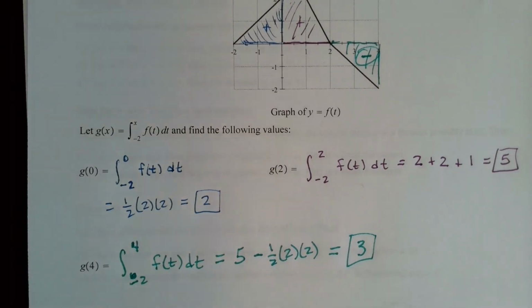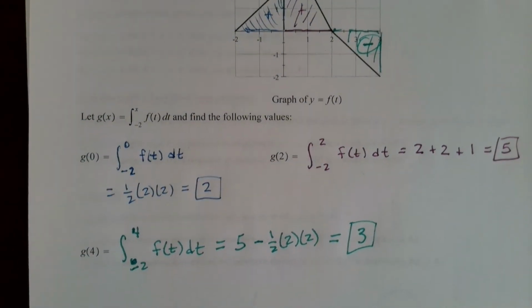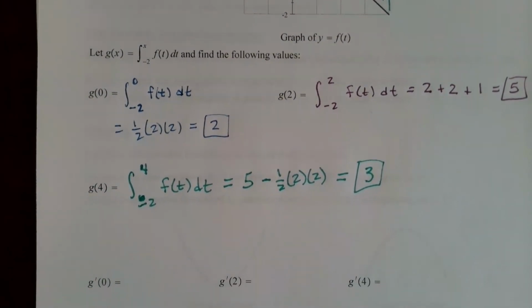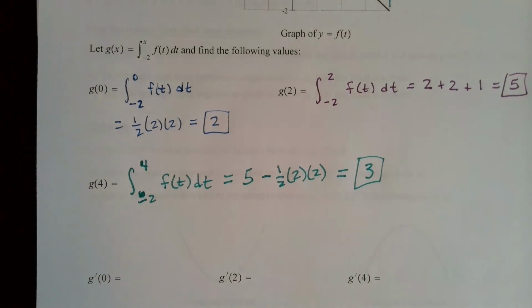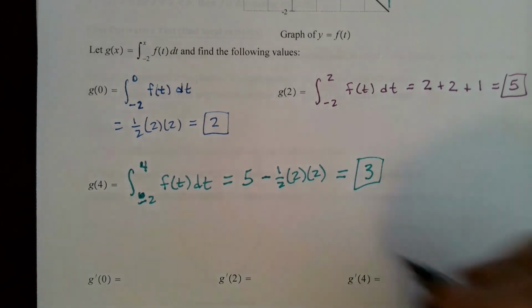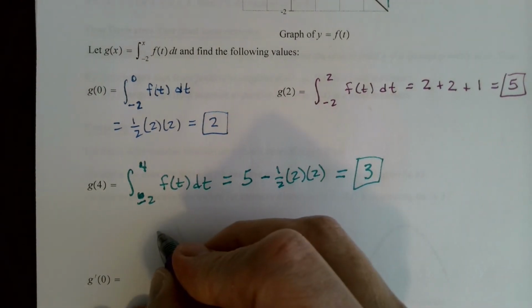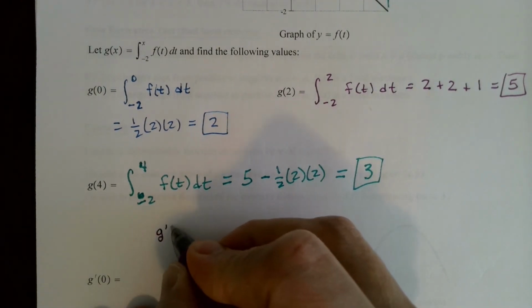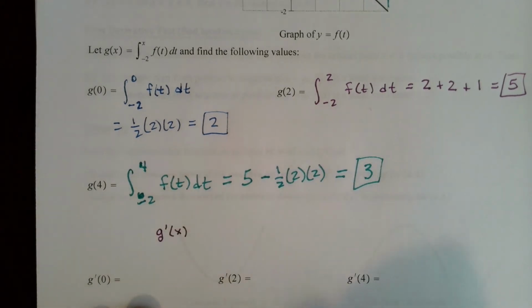And then let's take a look at derivatives. Okay, well, what's the derivative going to be? Well, this is where the fundamental theorem of calculus part 2 comes into play, because notice g prime of x, right? Do we have a formula for that?